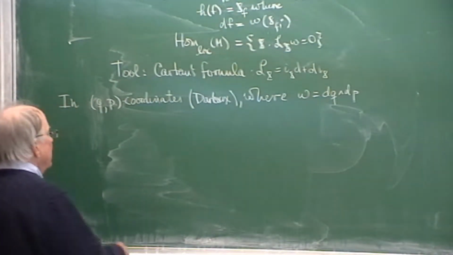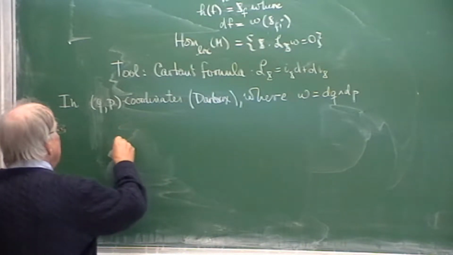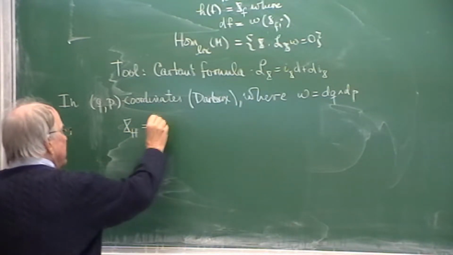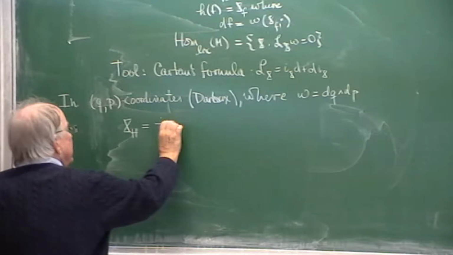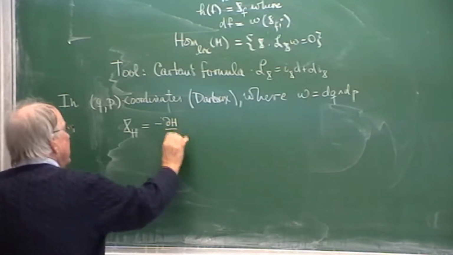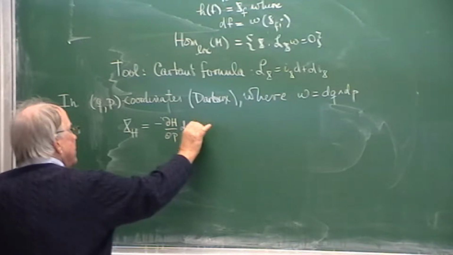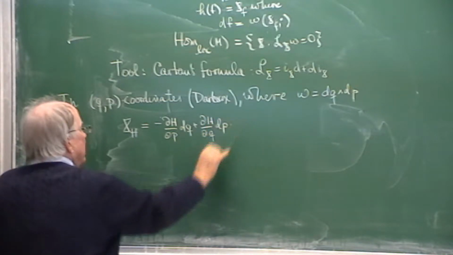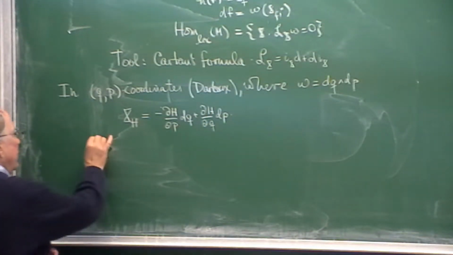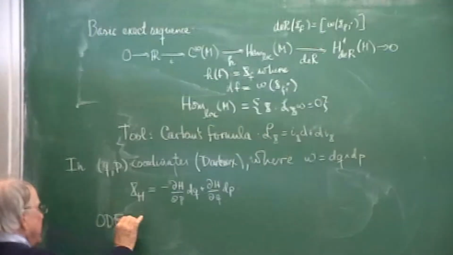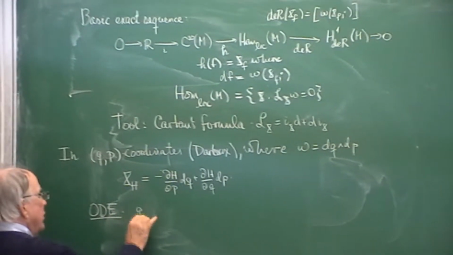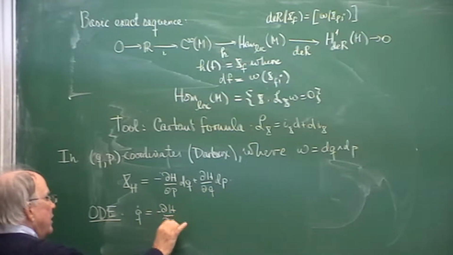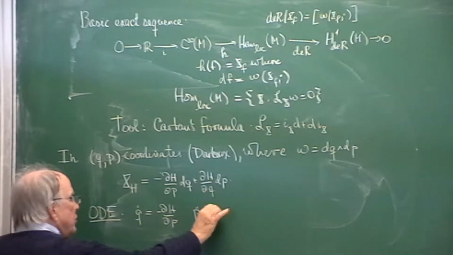Then let me use the letter H. X_H can be written explicitly as minus dH/dp dq plus dH/dq dp. So the ODE that you're trying to solve in these coordinates is Q point equals minus dH/dP, and P point equals dH/dQ.